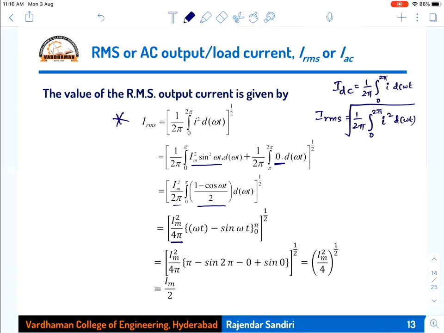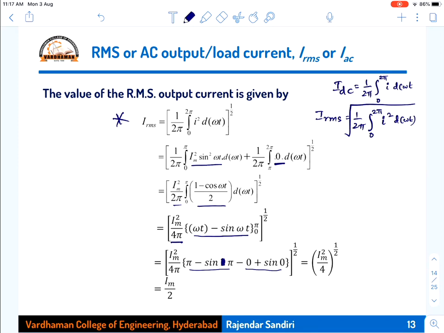Now substitute the upper and lower limits, pi and 0, in omega t minus sine omega t. It becomes pi minus sine pi, minus 0 minus sine 0, that is pi minus sine pi minus 0 plus sine 0, whole power of 1 by 2.